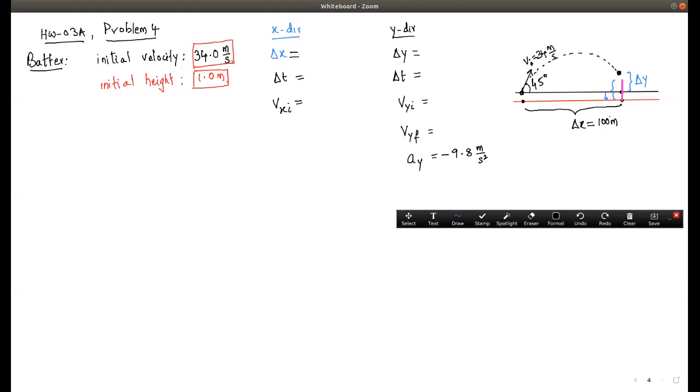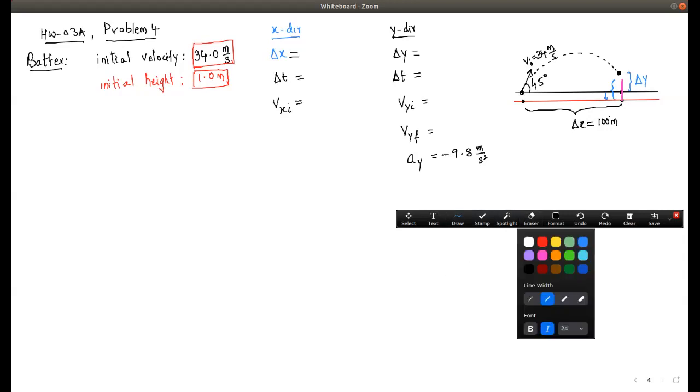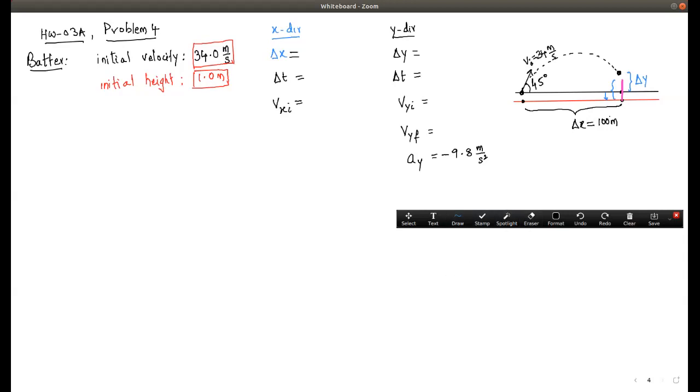And immediately I have to use my vector algebra knowledge. And let me again change this. And this is the horizontal, so that's a vertical component, and that is a horizontal component. Vx initial, Vy initial.